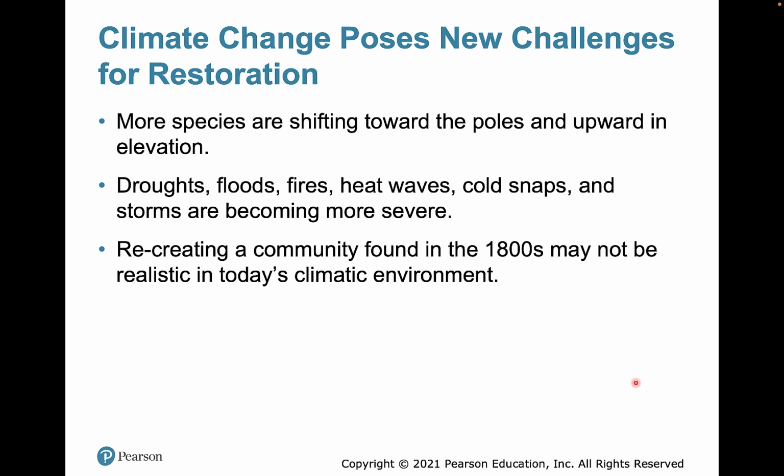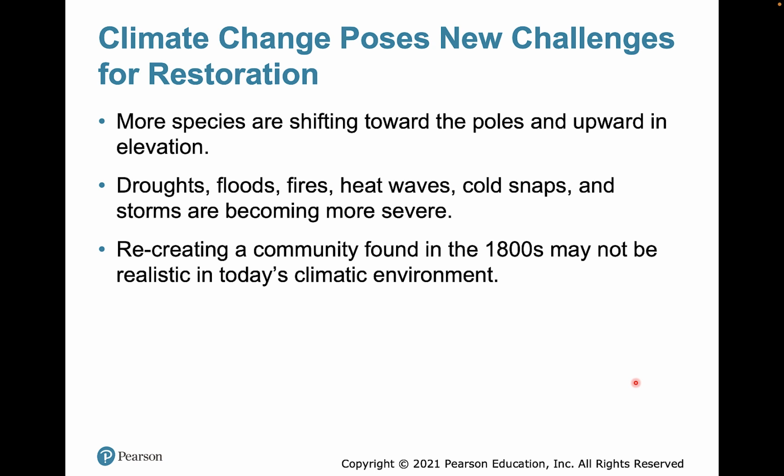So a downside to restoration ecology is that as we talk about climate change, different species are changing towards the poles and upward in elevation. We're seeing more severe swings in weather and climate over the course of time.